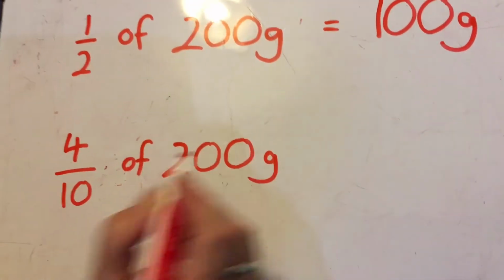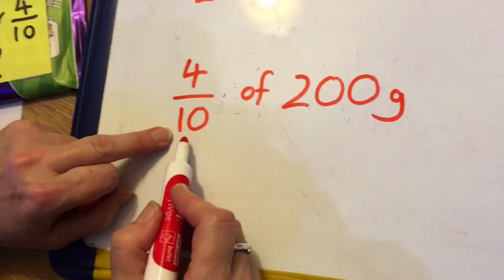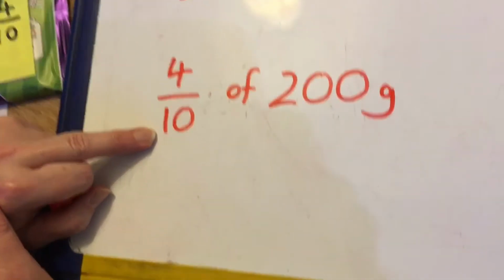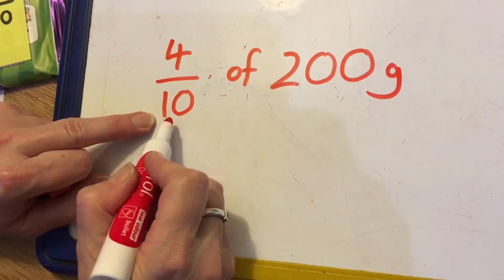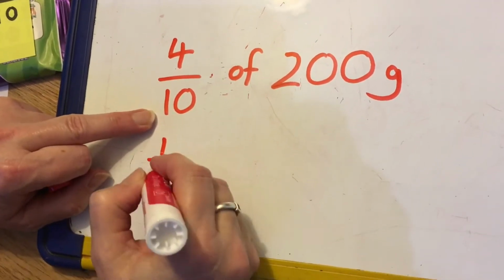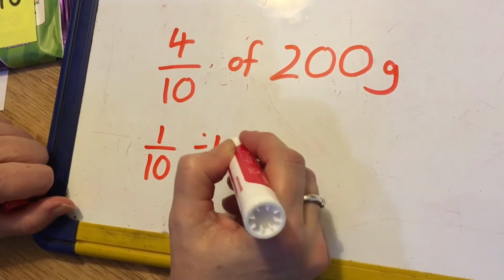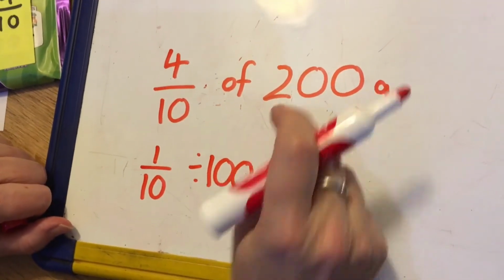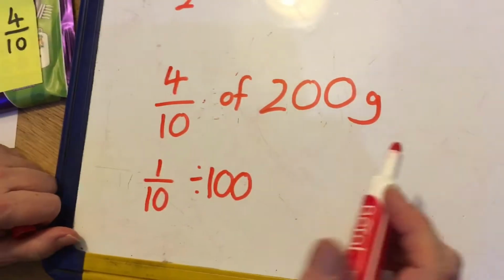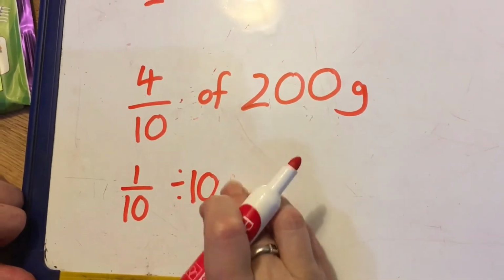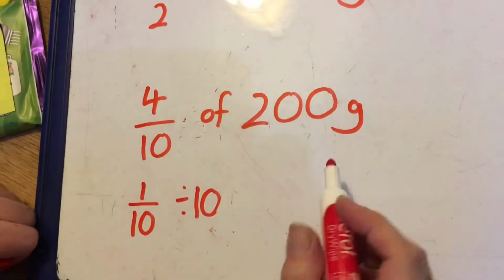Now let's just see. Remember, I've got to find 1/10 first of all, and I can do that by dividing the number by 10. So 1/10 is the same as dividing the number, the whole amount, 200 grams, by 10. So let's have a little look. Oh, sorry, I wrote 100 there. Let's rub that out. By dividing by 10.